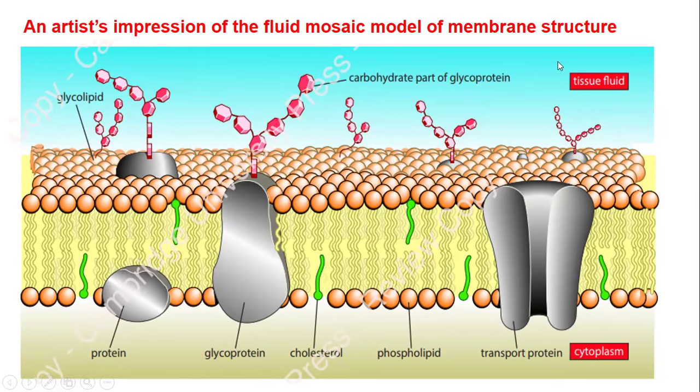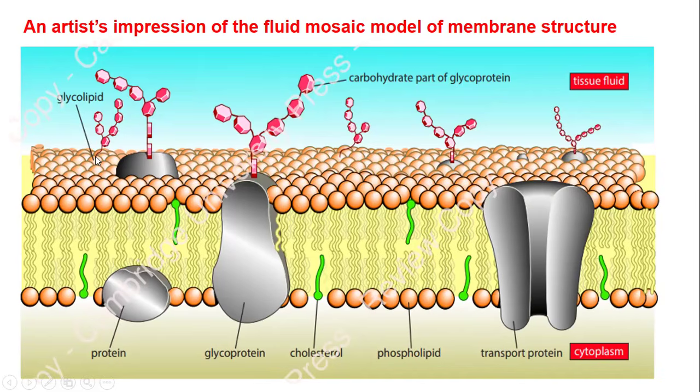So if you look at this membrane, you can see the structure has been labeled. This side we have tissue fluid, meaning we are looking at the outside of a cell. This side we have cytoplasm. So you never find glycoproteins or glycolipids on the inside. They're always on the outside. A glycolipid is a lipid or a phospholipid, but it now has a carbohydrate chain attached to it.